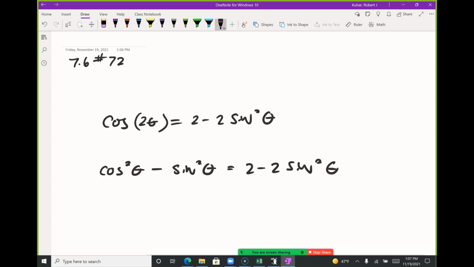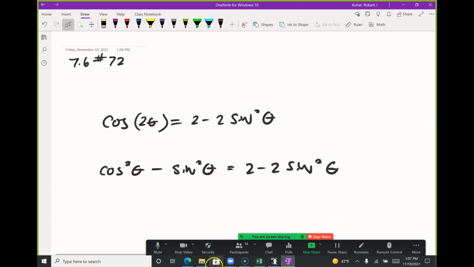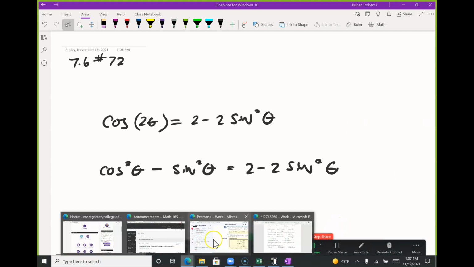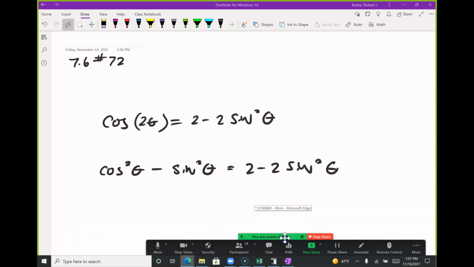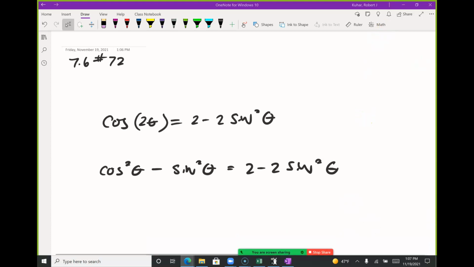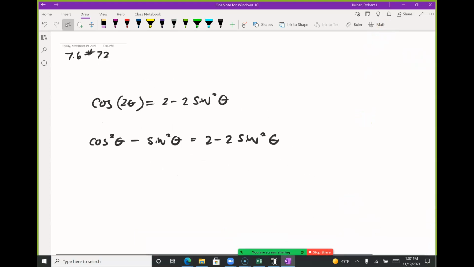I'm thinking I can get everything in terms of sine squared, so that's what I'm going to try to do.